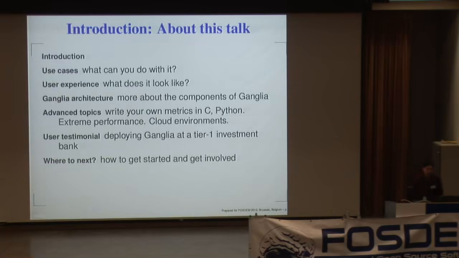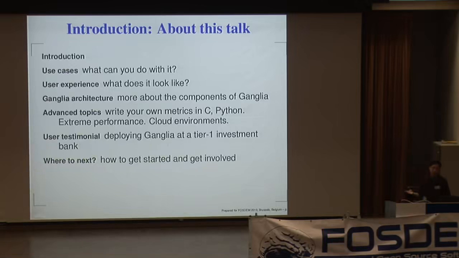What I'm going to talk about is what you can do with this software, what it looks like when you actually use it as a user, a bit about the architecture, and some advanced topics. By default, Ganglia would collect 30 or so metrics about your host, like CPU load, memory, network, and all that stuff.